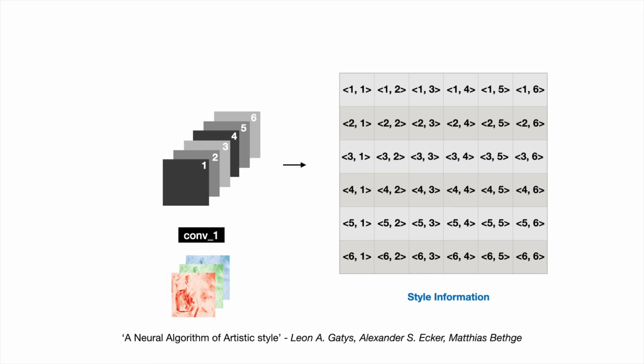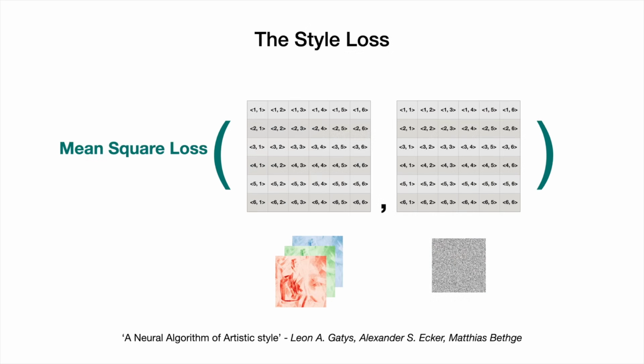So using this method, we extract the style for both the style image and the white noise image. The mean square loss between them is our style loss function. We minimize this loss function during the training. Eventually, the style of the style image is transferred into the reconstructed image.